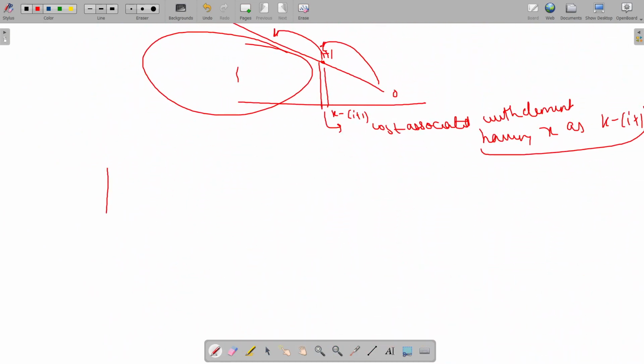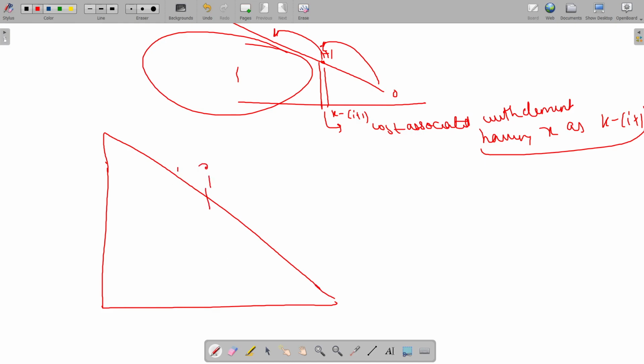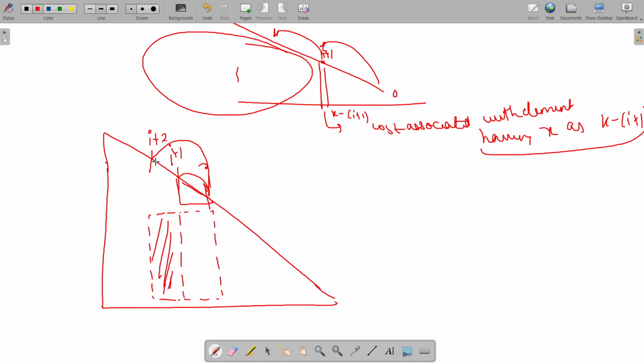I will try to give you a better visualization, hopefully. If I am going from I to I plus 1, and I create a triangle like this, then this is the region of type 2 operations. But if I do the same thing at some I plus 2, going to some I, then the region for type 2 will increase by only these elements. And suppose there is an element here.